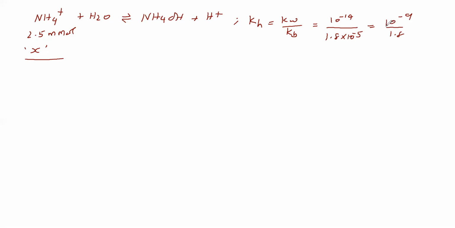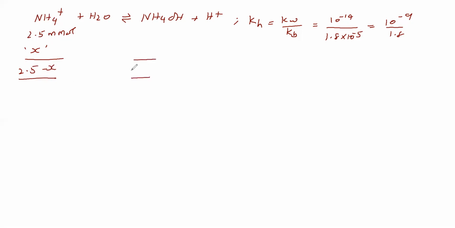This indicates the equilibrium lies almost left. Can we predict that the ammonium ion undergoes complete hydrolysis? No. So the ammonium ion undergoes partial hydrolysis. Therefore, this many millimoles of ammonium ions are remaining.